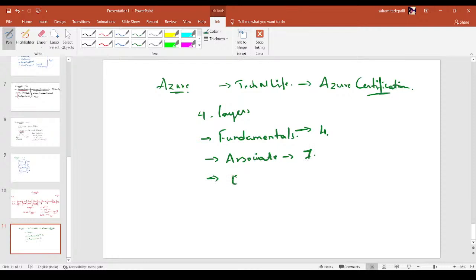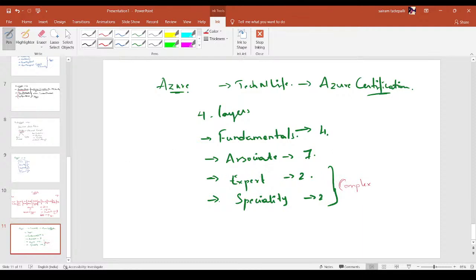And the third one is expert level, which is having only 2, but those 2 are very much complex. Next one is specialty. In this specialty also we are having only 2. These 2 are extreme complex. Okay, you need to have so much of dedication to practice these 2 level certification programs.